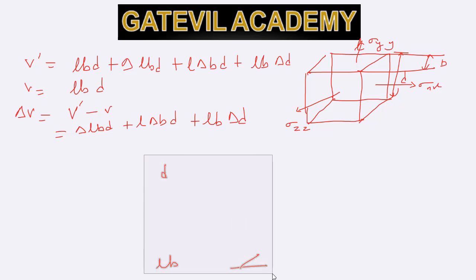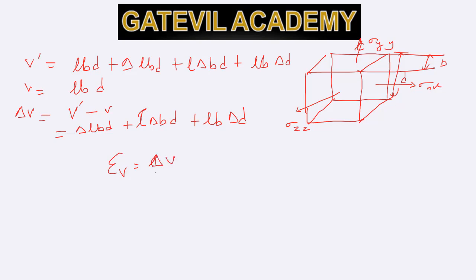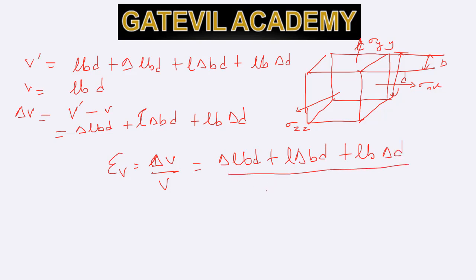So it will be delta V by V. So epsilon V will be equal to delta V by V, which will be equal to delta LBD plus L delta B D plus LB delta D, divided by LBD, which is equal to delta L by L, BD will get cancelled out, plus delta B by B, here L and D will get cancelled out, plus delta D by D, here LB will get cancelled out.